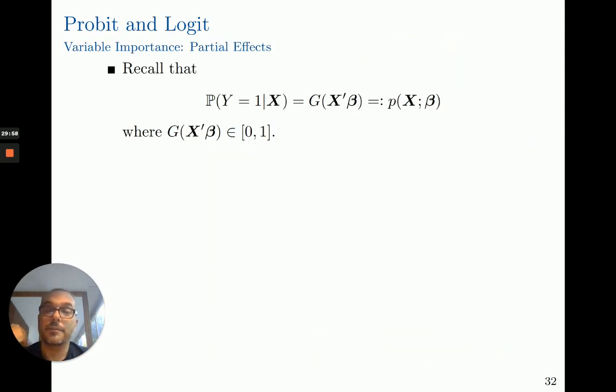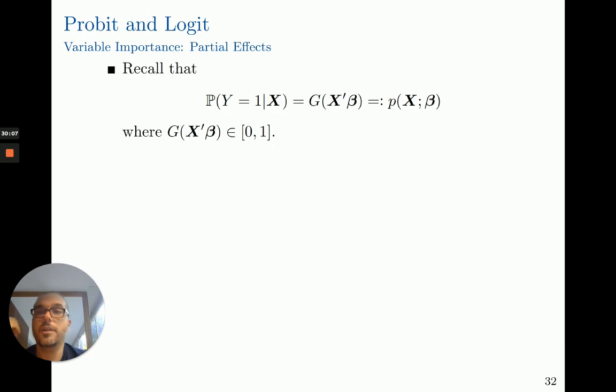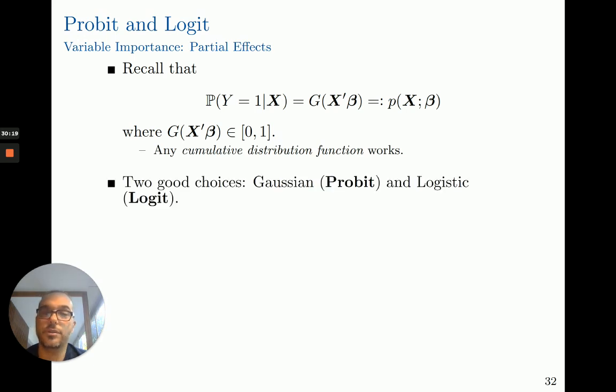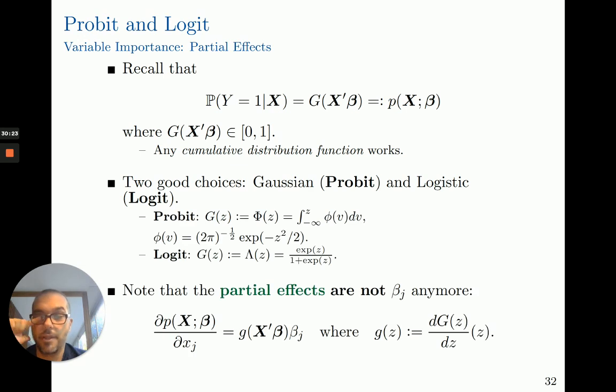But how should we give interpretation to the betas? Can we compute partial effects? So let's recall the probability of y equal to 1 given x. Any cumulative distribution works, with two good choices, probit and logit.